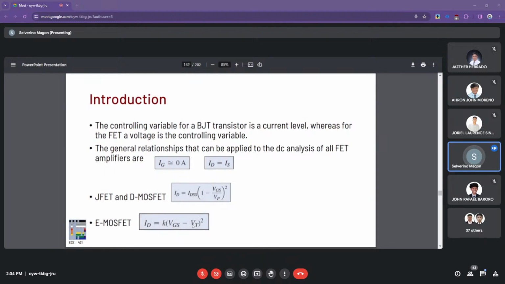We need to reach the threshold voltage to come up with the current here. That is because in the case of the enhancement type, we are essentially increasing the channel width with the increase of voltage applied, as opposed to the depletion type.